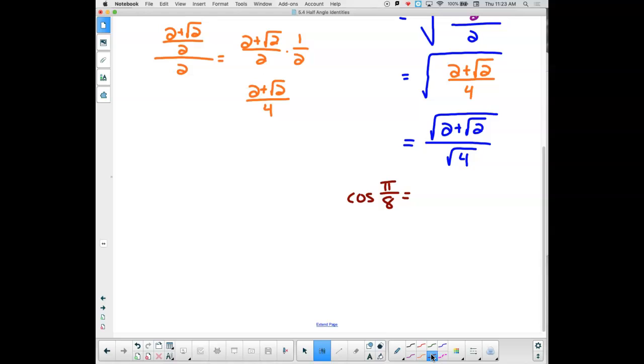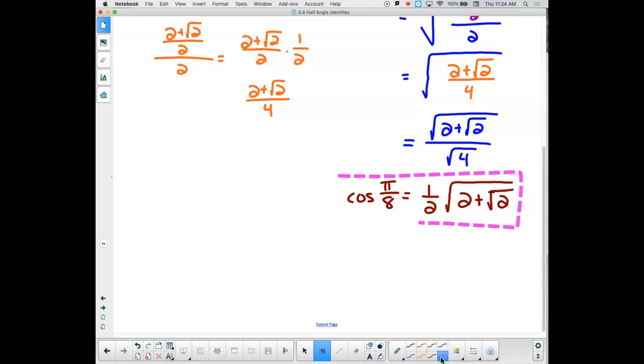And I get the cosine of pi over 8 is 1/2 times the square root of the quantity 2 plus the square root of 2. Questions, comments, concerns?